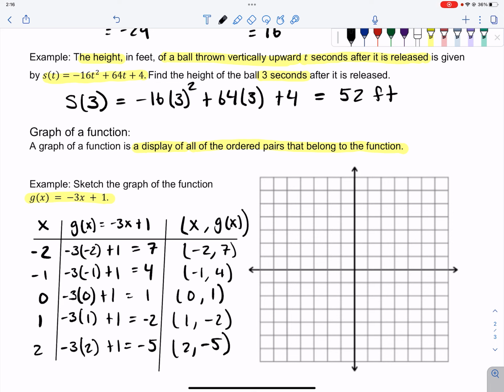So now I want to take these ordered pairs and plot them on our graph. Our independent variable, the input, is always on the horizontal axis, so I'm going to label that as x. And then our output variable, that's always on the vertical axis. So I'm going to label that as g of x.